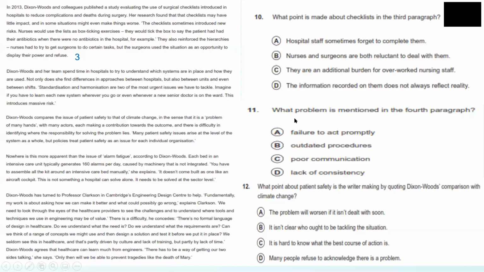Question number 11, what problem is mentioned in the fourth paragraph? You have to search for the correct answer in this paragraph. The last question, we are talking about climate change. So you will search for the first time we have climate change in this paragraph.